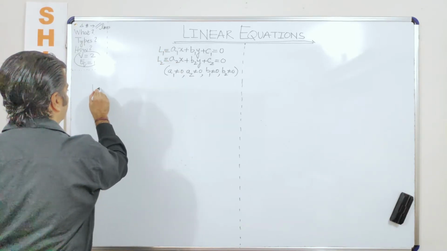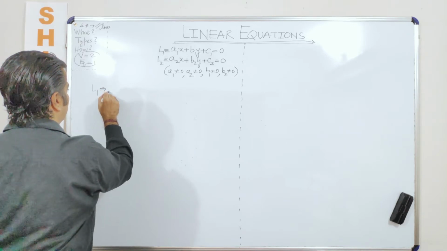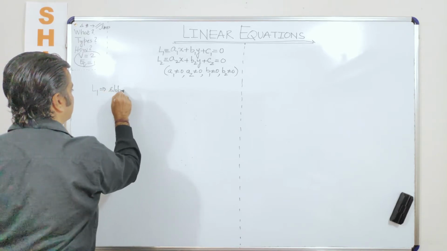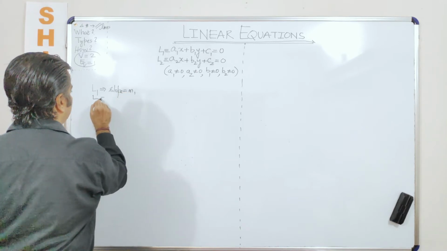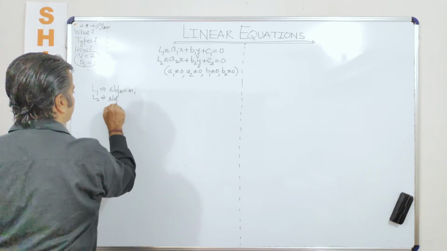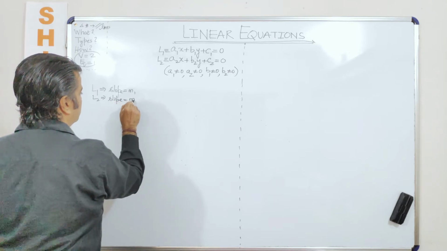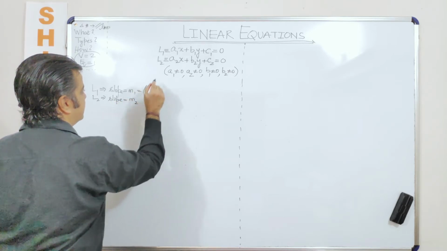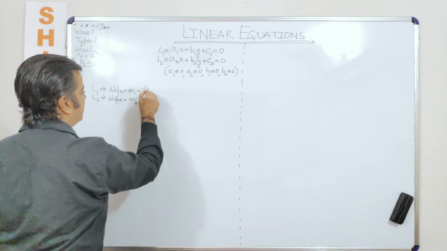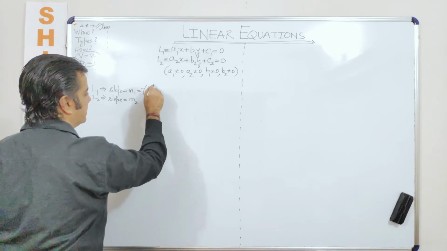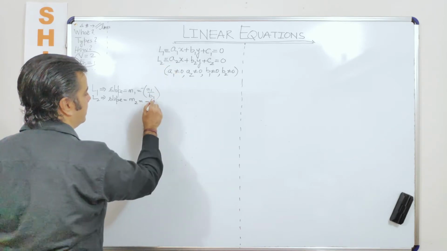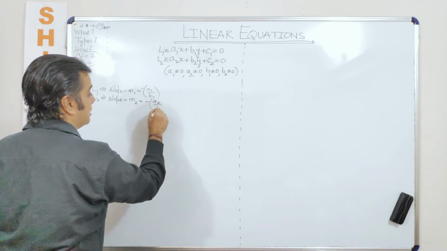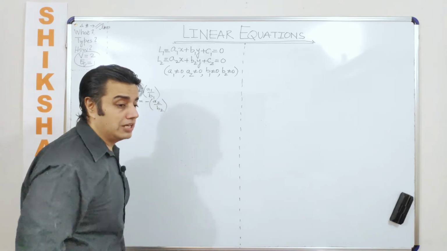For line 1, let us assume that the slope of this line is m1, and for line 2, the slope is m2. So in the first case, can I say it is nothing but minus a1 by b1? This we have already done in our earlier videos, and this will be nothing but minus a2 upon b2.